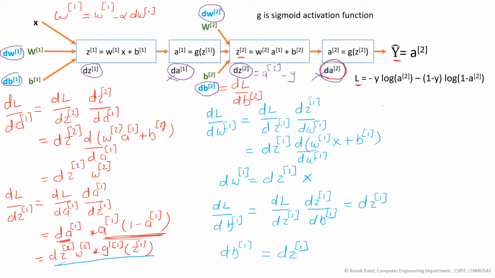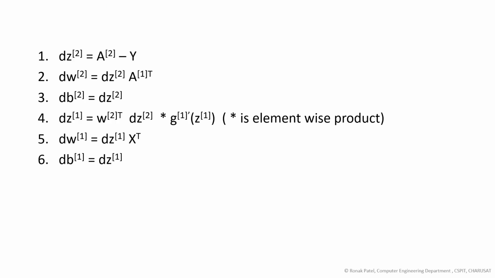This dw2, db2, dw1 and db1. With the help of those gradients, you can update your weights and biases, right? So here I have put those 6 equations which you require. We require this dw2, db2, dw1 and db1, right?